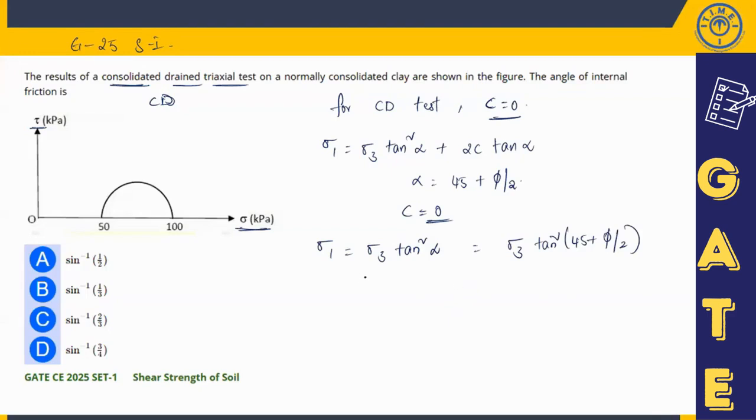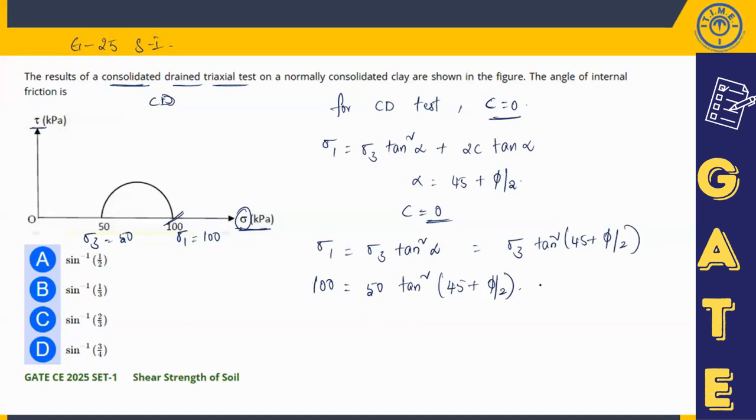Now, listen, my dear students, here sigma 1 is the major principal stress. From the diagram, I can take sigma 1 equal to 100. Sigma 3 is the minor principal stress, sigma 3 equal to 50. Therefore, on substitution in this equation, I get 100 equal to 50 into tan square 45 plus phi by 2.